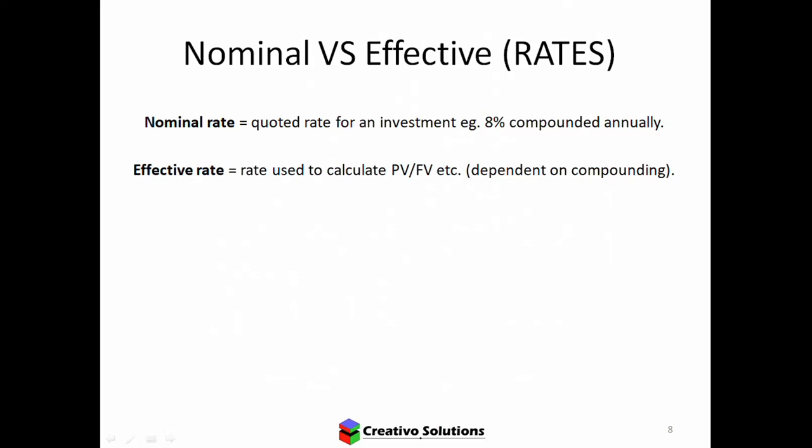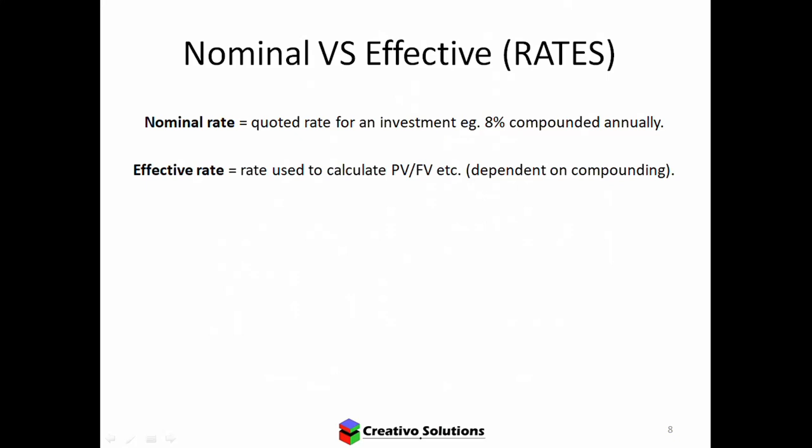If we're looking at converting that nominal rate to an effective rate, well then compounding is definitely going to have an impact on what sort of return on investment we're going to be getting, because the effective rate is basically taking compounding into consideration. So if the nominal rate is 8% compounded annually, then if I look at the effective rate for 1 year, they're going to be the same.